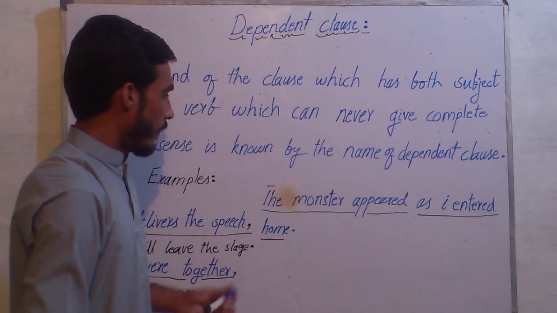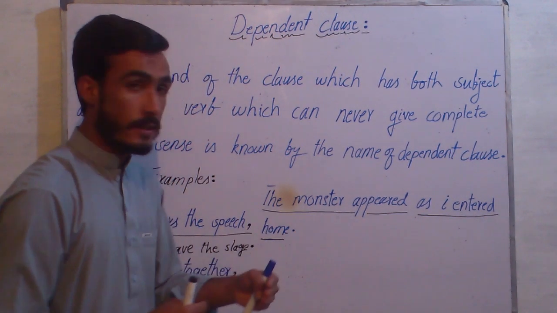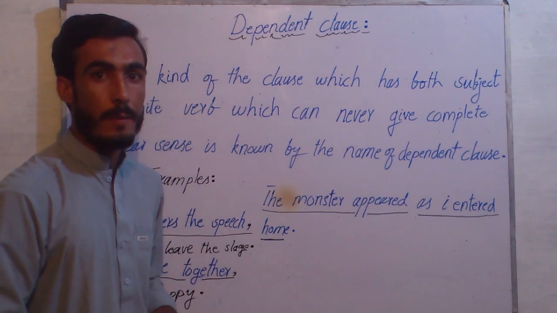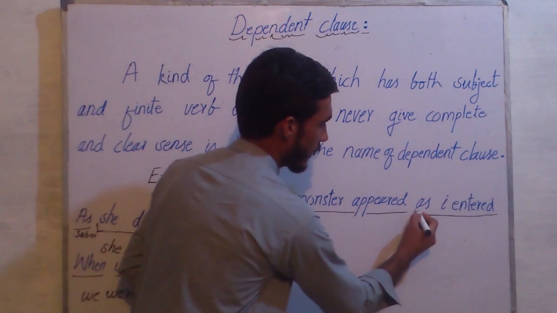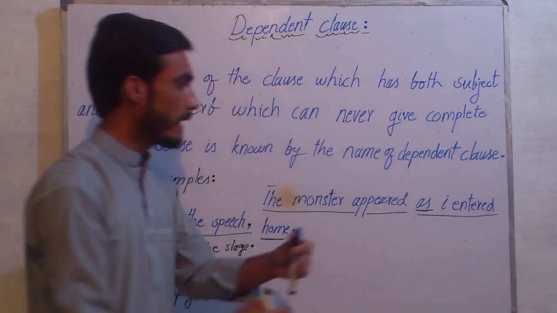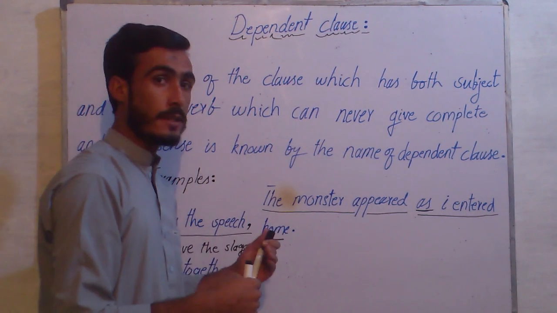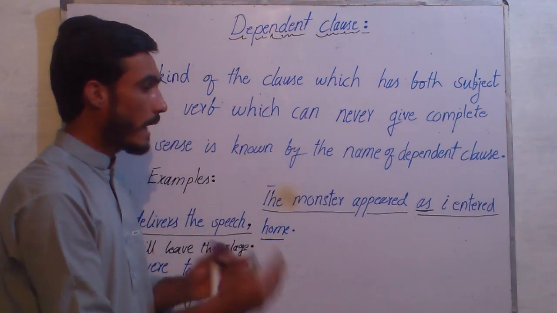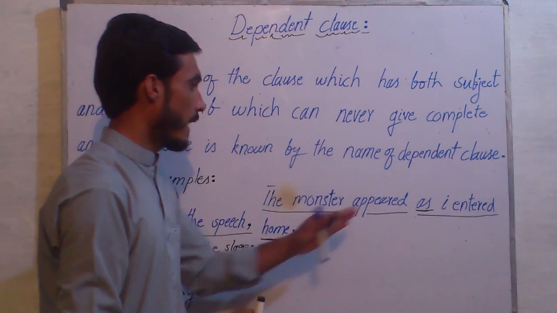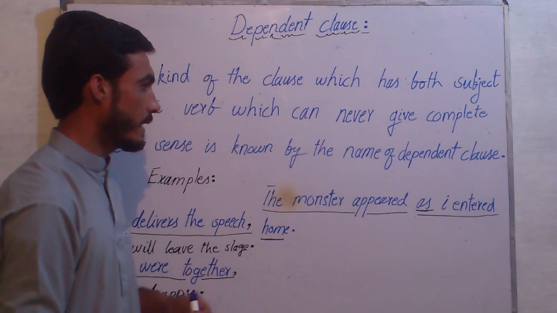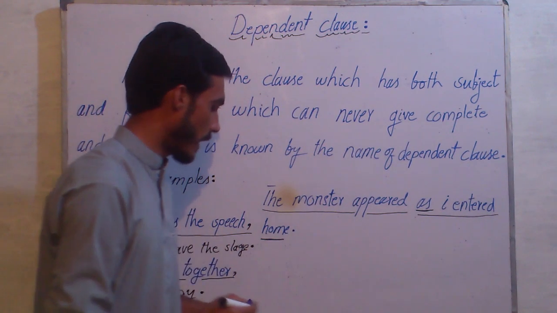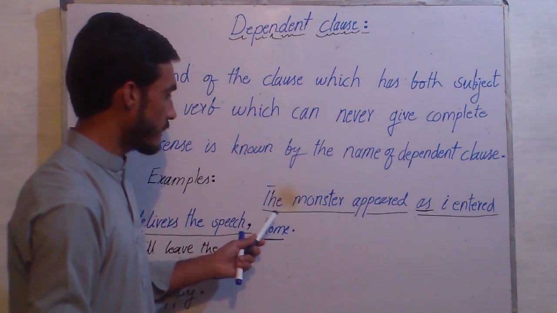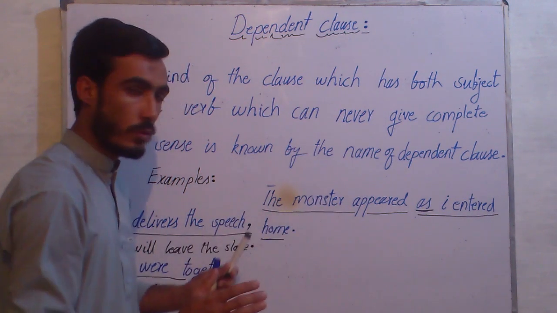Remember, when the independent clause is in the starting and the dependent clause is in the end, then we don't put a comma, because the subordinating conjunction works to link two clauses, the dependent and independent, and now it does not require anything else to be isolated or to be connected. Here it is now completely correct, and you are not to put a comma. In this situation we don't put a comma.